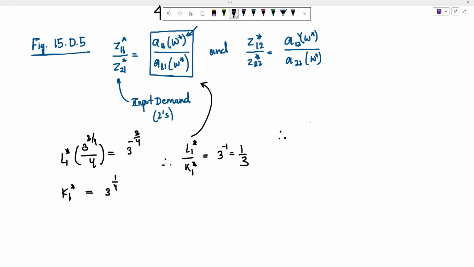Z11 would be labor allocated for production of good 1 by firm 1, which is equal to 1/3 of, you just cross multiply, the capital used for production of good 2 by this.